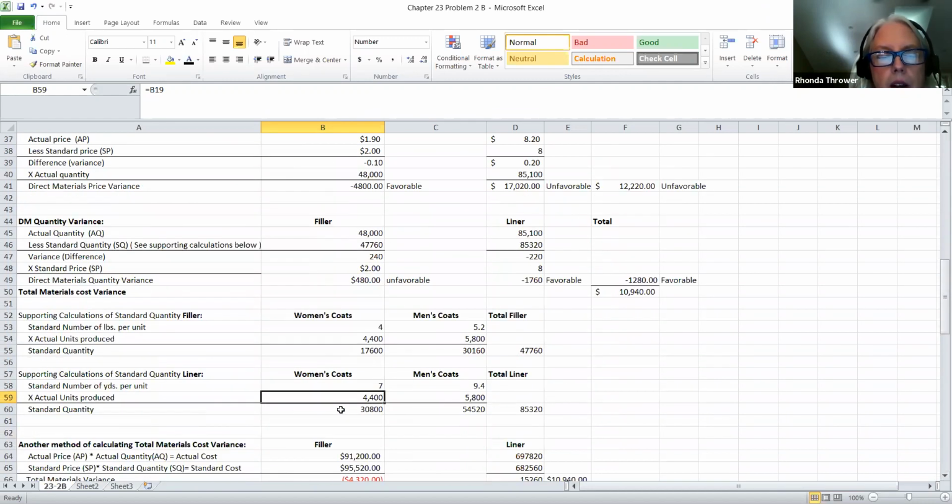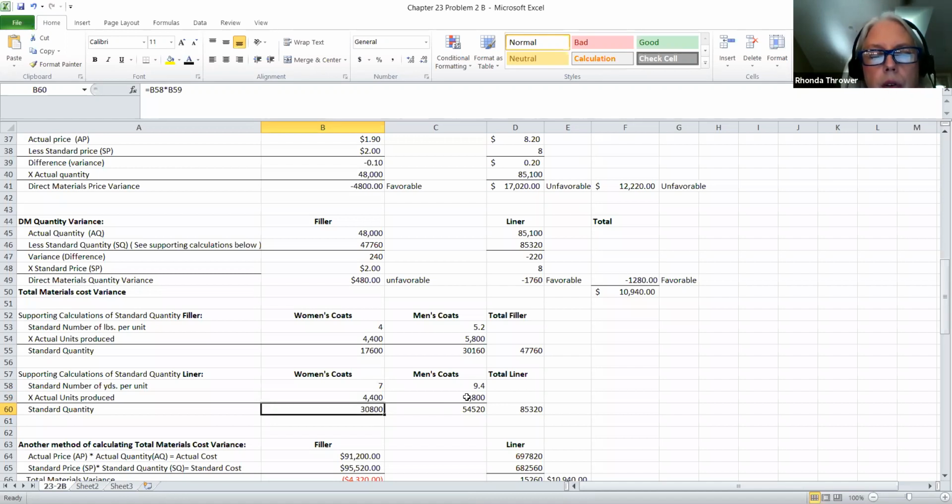So we're going to multiply our actual units times our standard number of yards for our women's coats. How much liner it took for one woman's coat was 7 yards. 4,400 times 7 yards gives you a standard quantity of 30,800 yards for the women's coats.